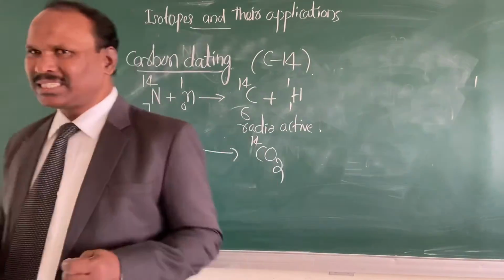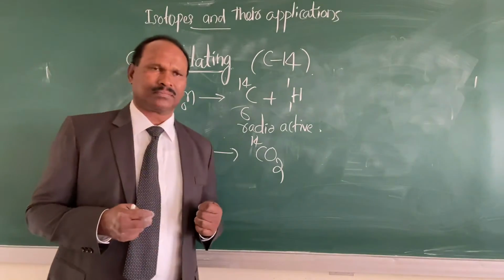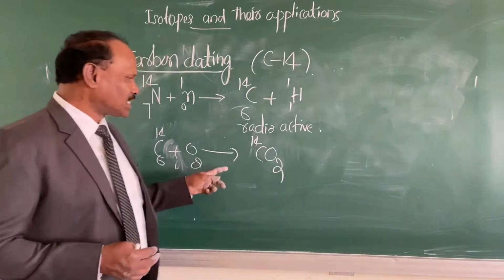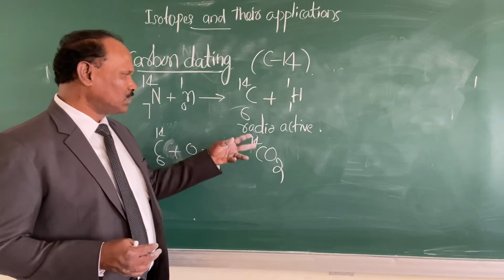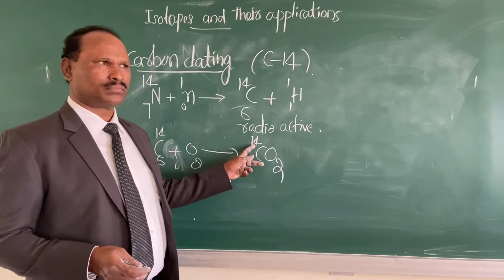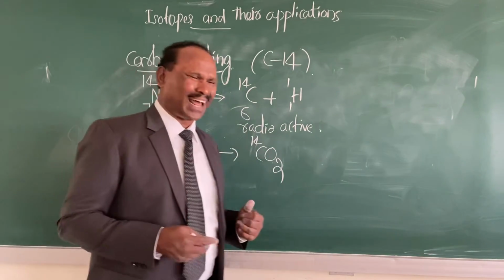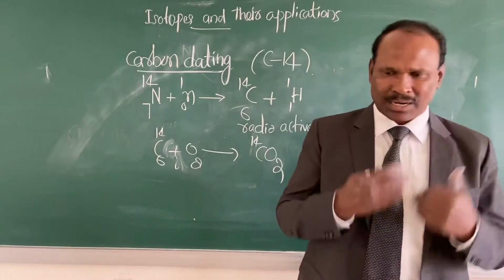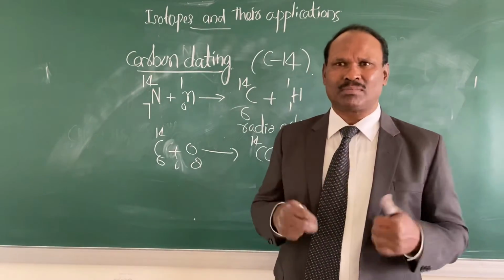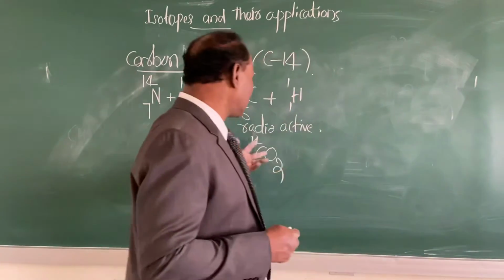Plants absorb, as I said, they take up carbon dioxide. So in plants, the carbon dioxide enters in this form, 14CO2. We also eat plants, so carbon enters our body in the form of carbon dioxide as this 14CO2.